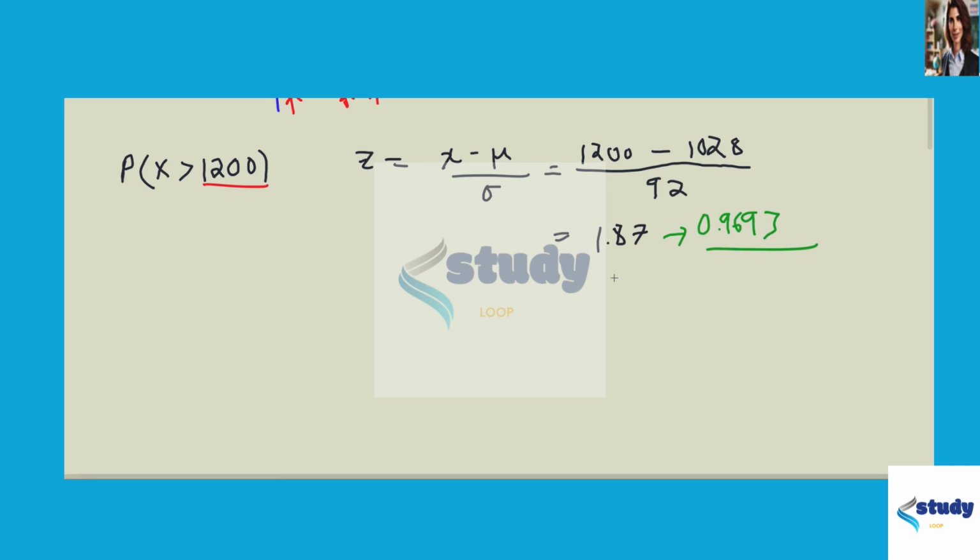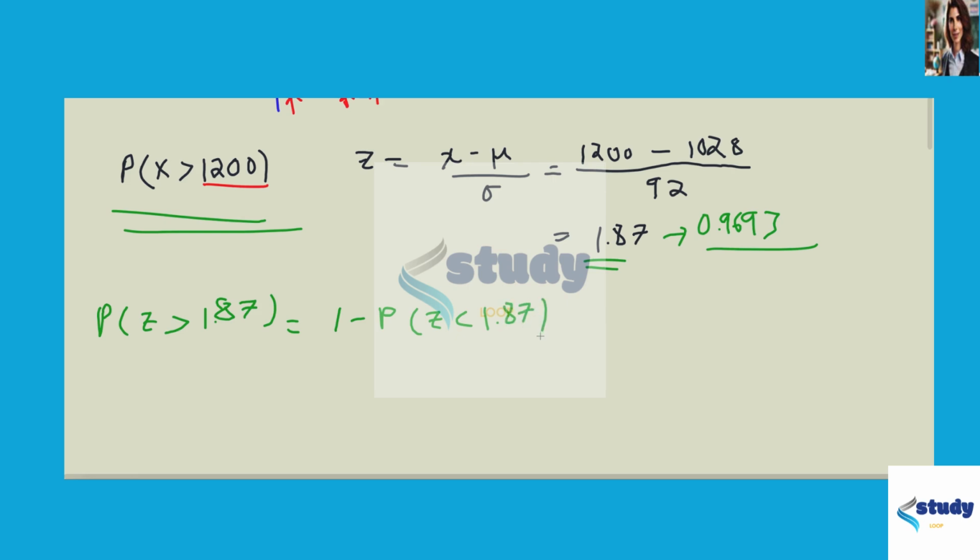And so now we can rewrite this expression as the probability that z is greater than 1.87, which was our value of z, and that is equal to 1 minus the probability that z is less than 1.87, because the probability adds up to 1.